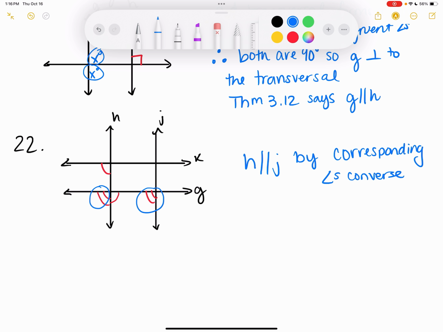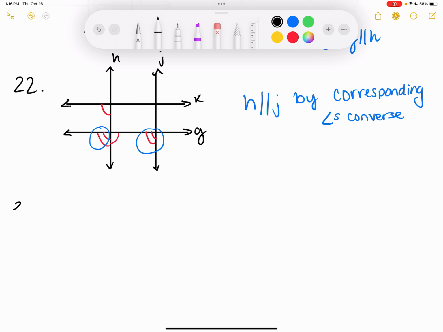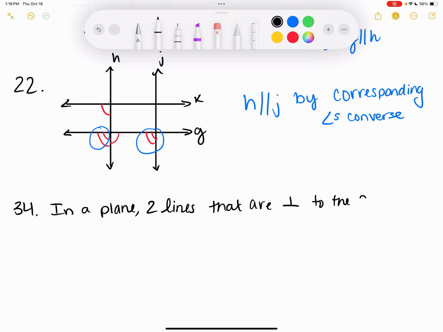Tell whether the statement is sometimes, always, or never true. 34. In a plane, 2 lines that are perpendicular to the same line are parallel to each other.